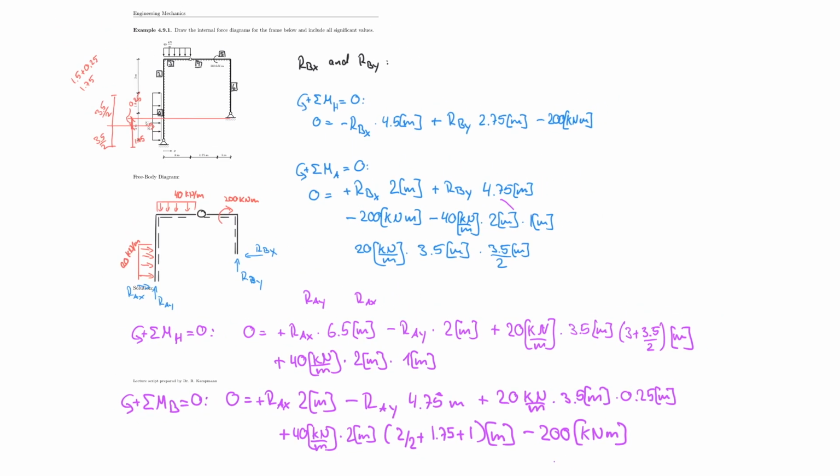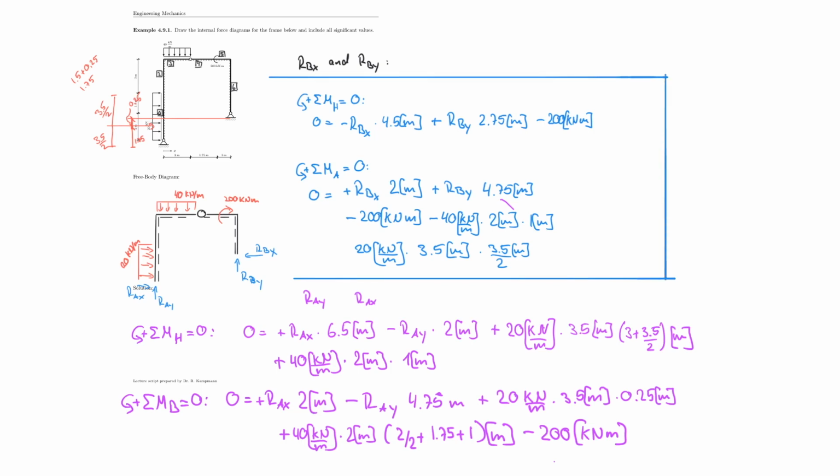So let me zoom out here and let me highlight for you which ones work. I have this system of equations here in which we are solving for Rbx and Rby, and I would argue that this was the easier case for this scenario. Or we're going to use these two equations here in which we actually solved for Ray and Rax.